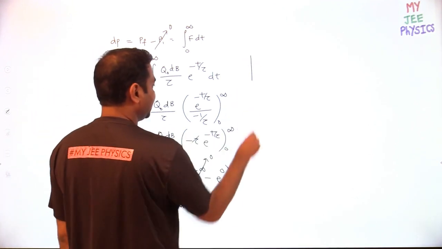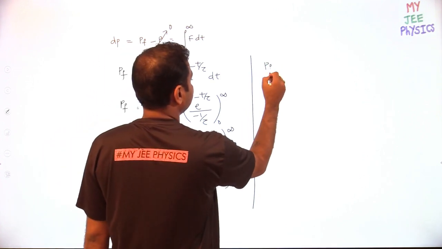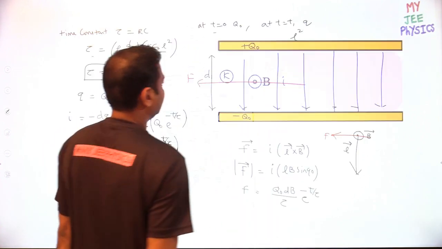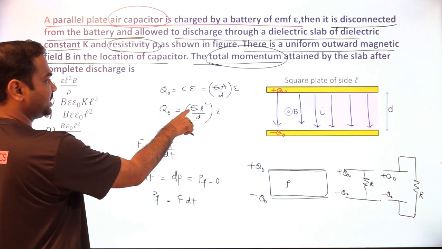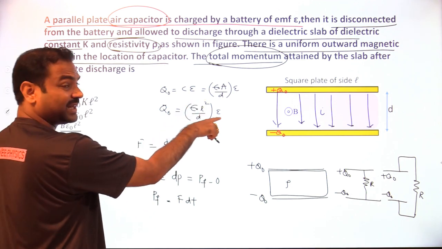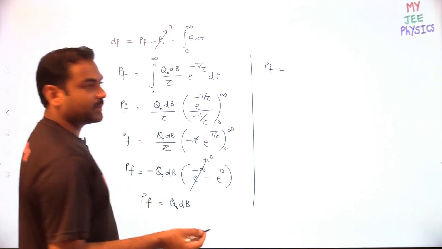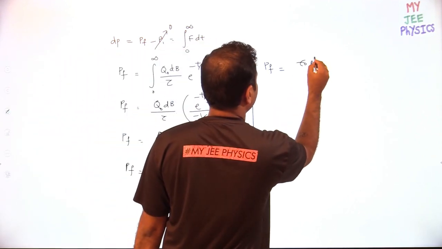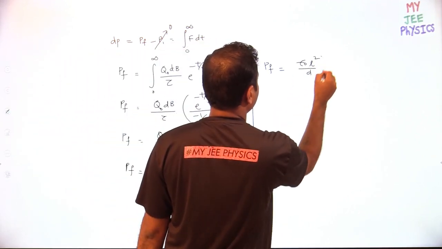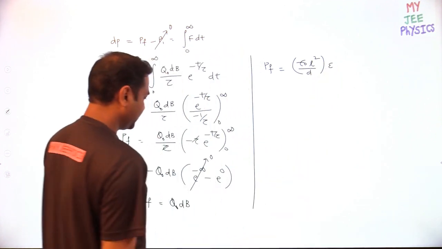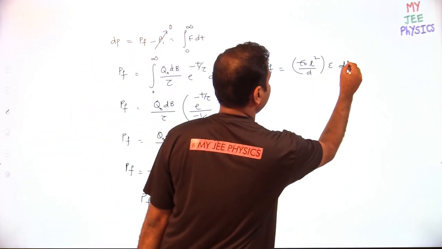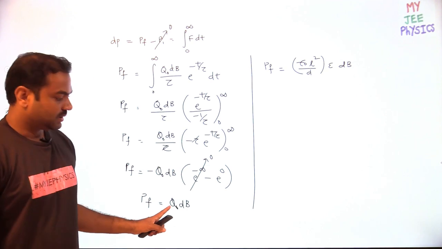So further we simplify the final momentum. What is q naught? It is epsilon naught L square by d into E, which is the EMF of the battery. C into E, I mean. Okay. So epsilon naught L square by d into the EMF of the battery multiplied with d into B. See, q naught dB.